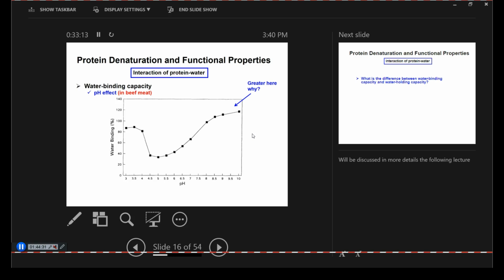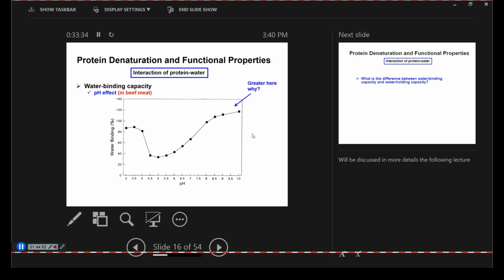Okay? All right, so I'll give you an answer. Remember what we said about tyrosine, it has an OH group, and the OH group gets ionized to O minus at alkaline conditions. Also, even cysteine can be ionized at alkaline conditions.